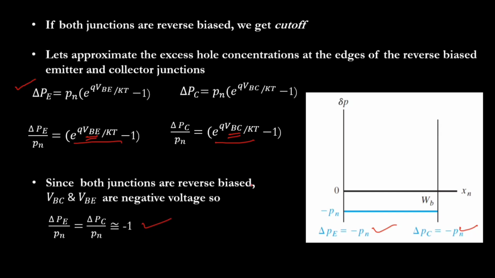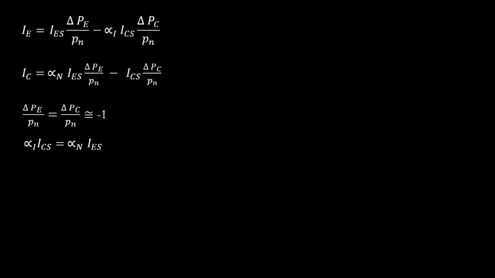Now let's see the Ebers-Moll equation. I have taken the same Ebers-Moll equation here, and I am going to number these. This is equation number 1, this is my equation number 2. These two equations are the Ebers-Moll equations, and this equation we just saw before.